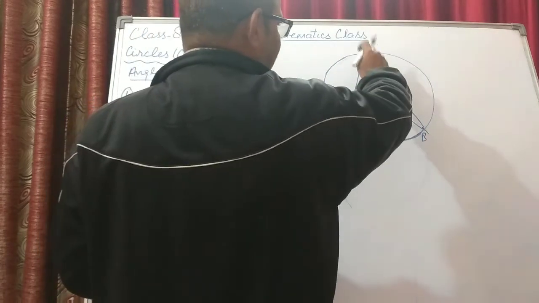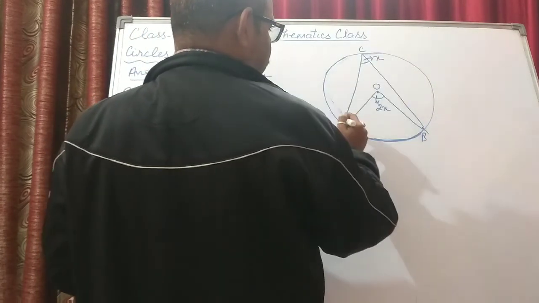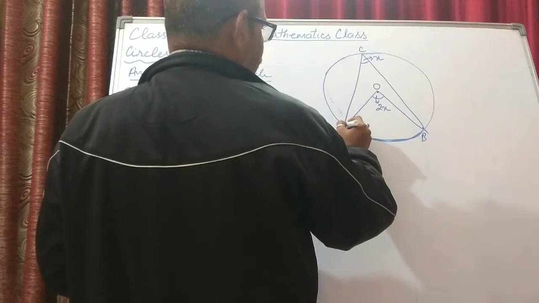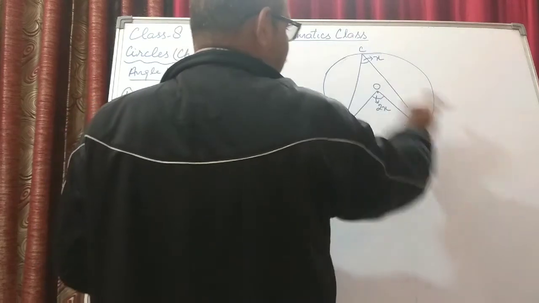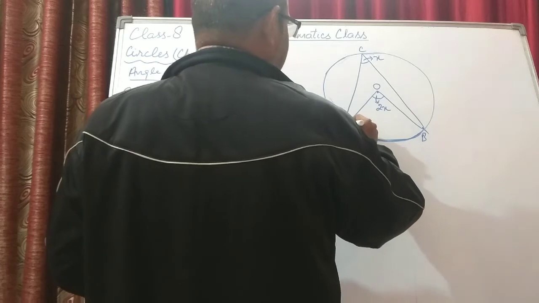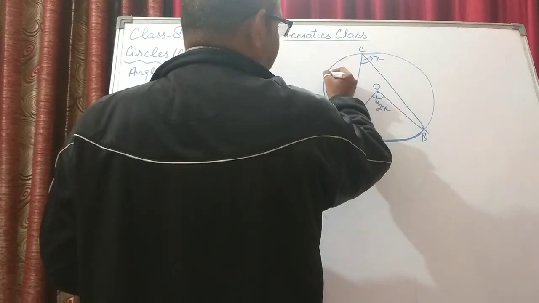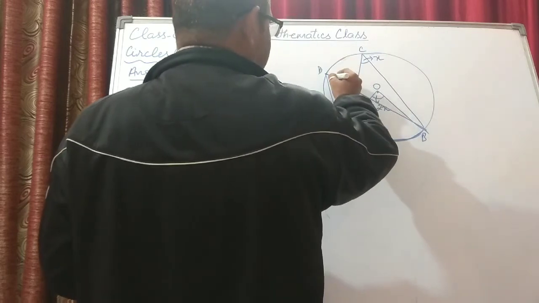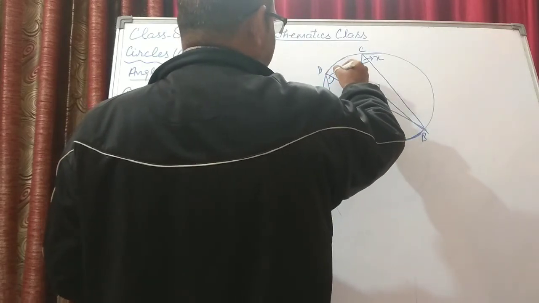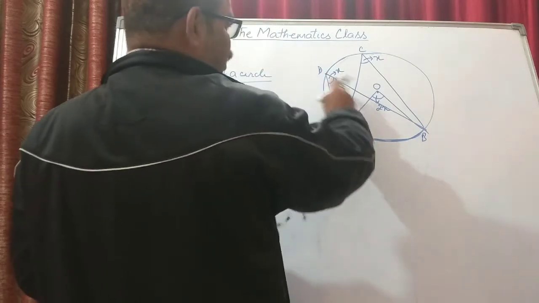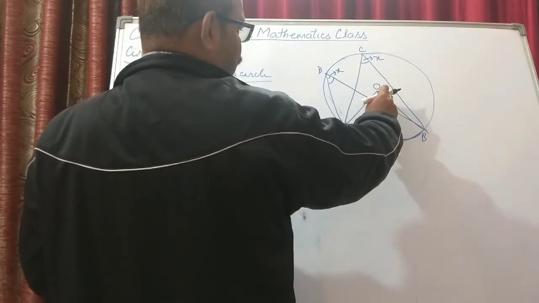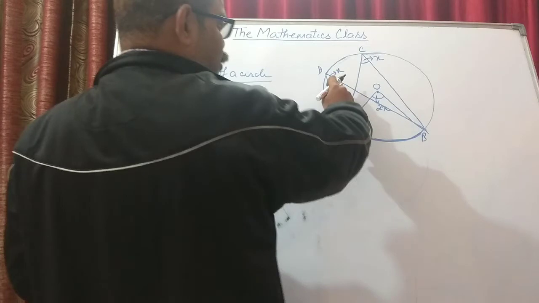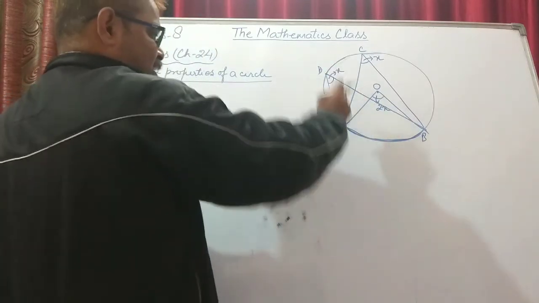Remember that the angle has to be on the circumference, it can be like this also. Suppose one angle is ACB, the other angle can be ADB. So this angle will also be x, because at the center it is 2x, so at the circumference it will be half, half of 2x is x.